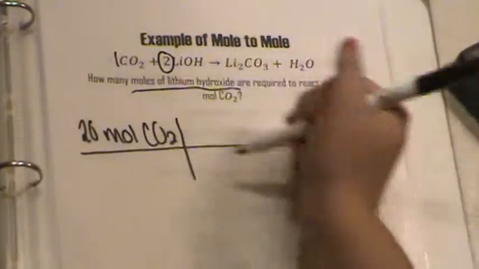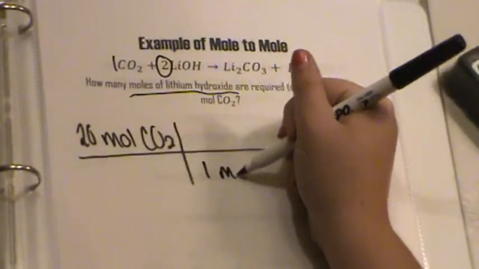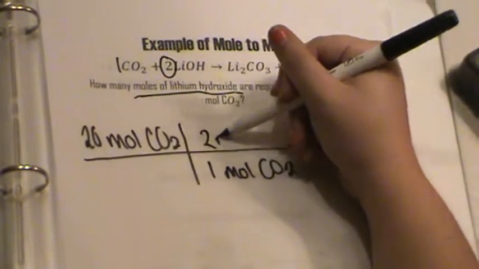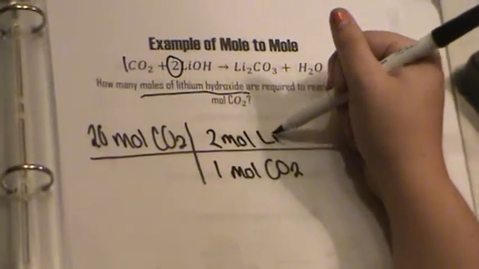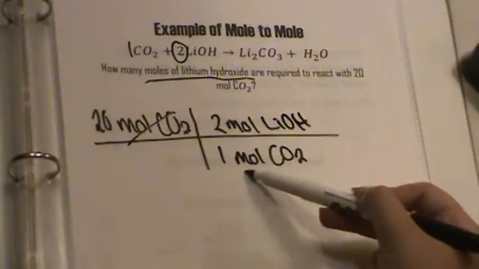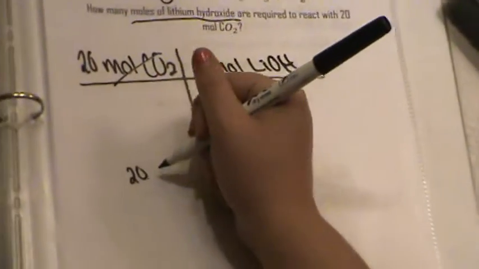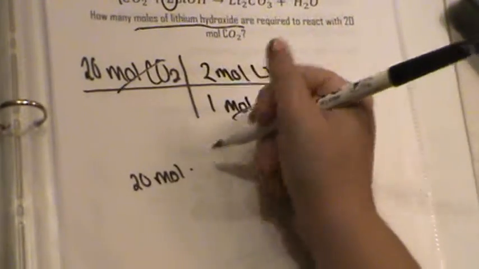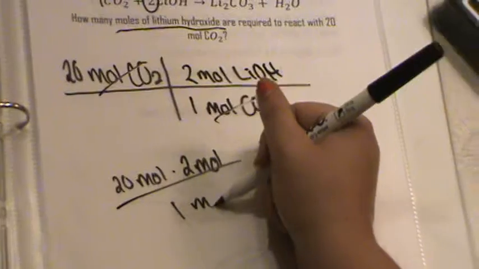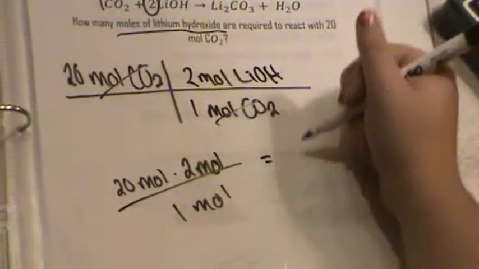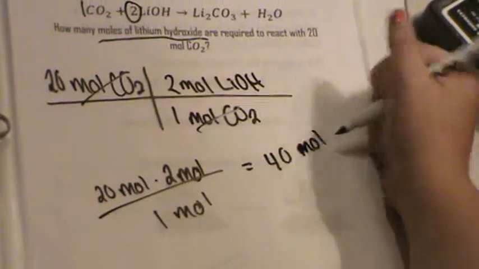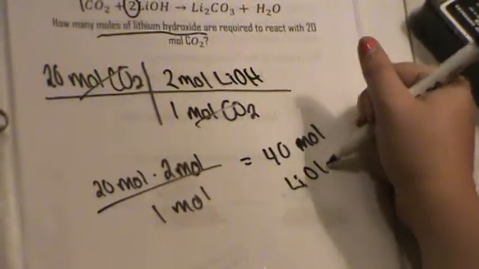So you have to make sure they cancel, and you have 1 mole of CO2 and 2 moles of lithium hydroxide. Then your moles cancel out, and you're left with 20 times 2 divided by 1, which equals 40. So you have 40 moles of lithium hydroxide.